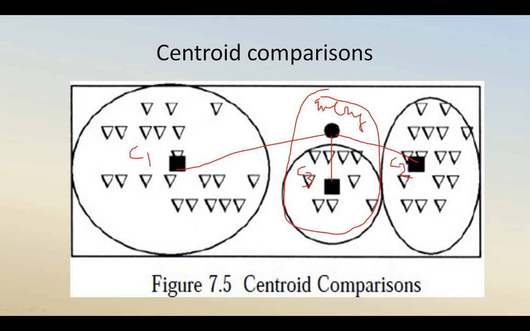Centroid 3. So the elements within the centroid 3 cluster are extracted: the distance is less, so there is more similarity, and that's why it is retrieved.